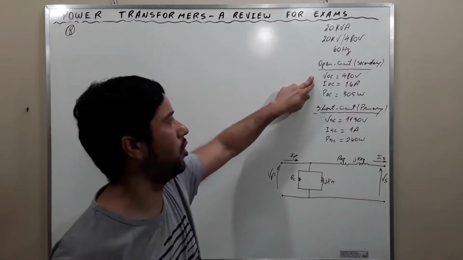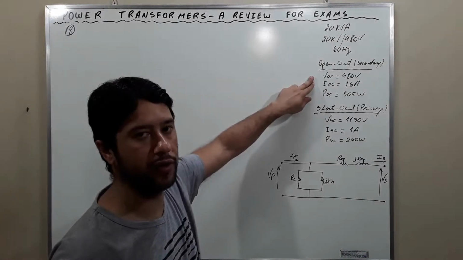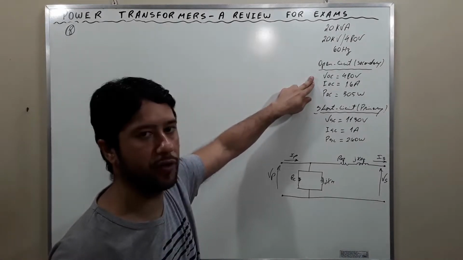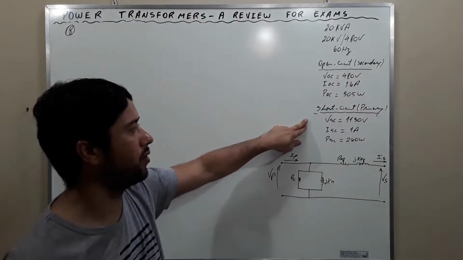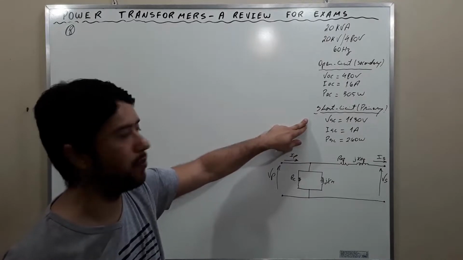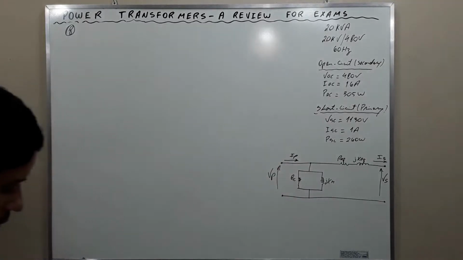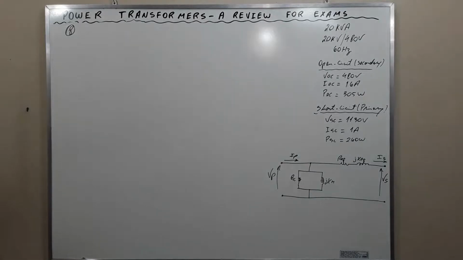This is the data obtained from the open circuit test performed at the secondary side, and this is the data from the short circuit test performed at the primary side. With this data, find the per unit equivalent circuit at 60 Hertz. And letter B, what would happen if such machine is used in a 50 Hertz system? Okay, this is the exercise.